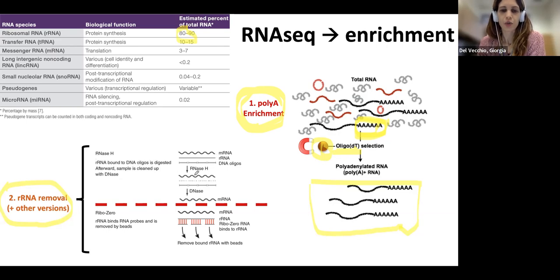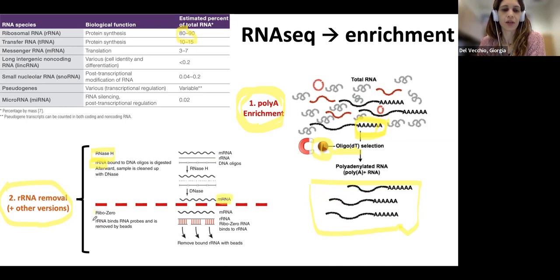What we are going to obtain is, let's say, a hybrid, a double-strand RNA-DNA molecule. And we can use an RNase H. This enzyme specifically recognizes RNA-DNA molecules. So we can degrade just the ribosomal RNA here, and then enrich for messenger RNA.